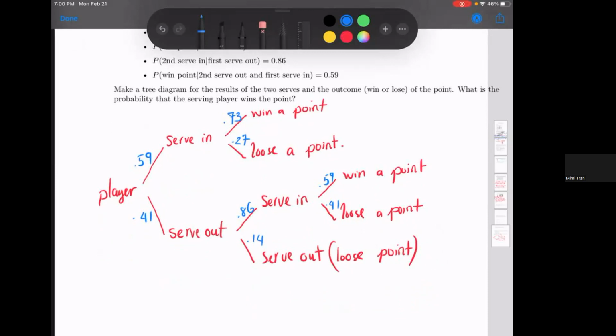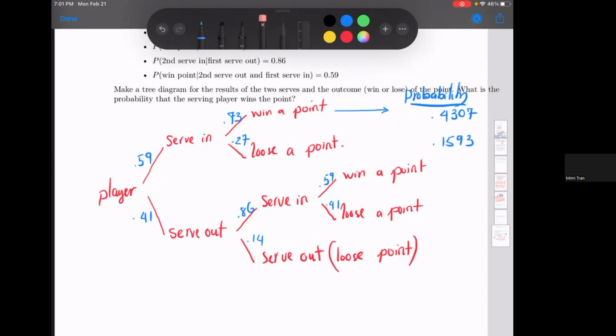You do the same thing. So 0.59 times 0.73. What do you got? Oh, 7. What about the second one? 0.1593.